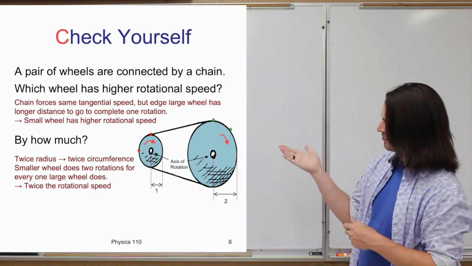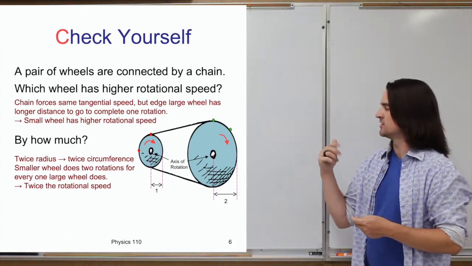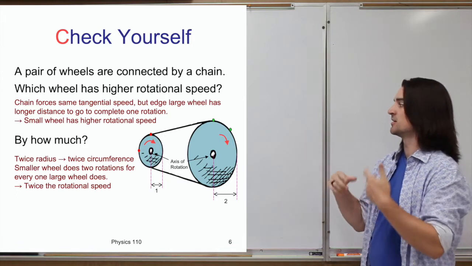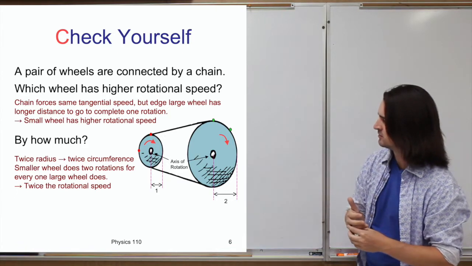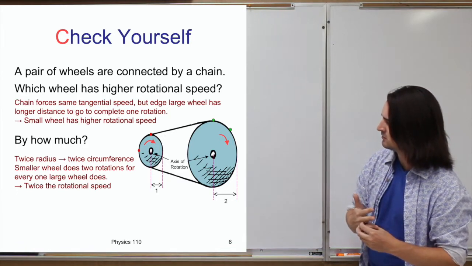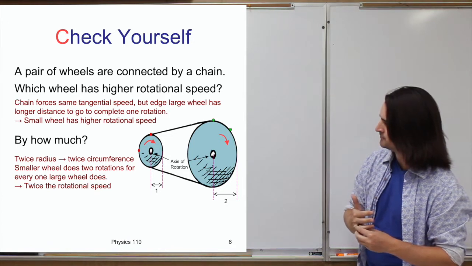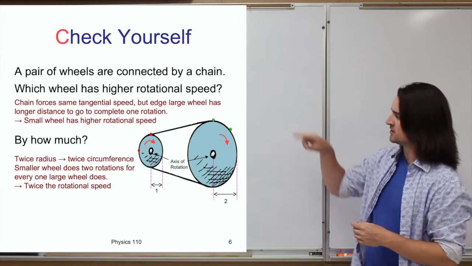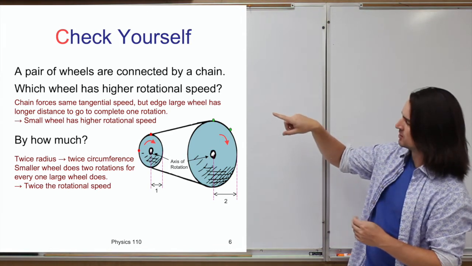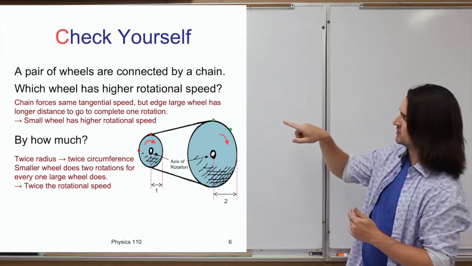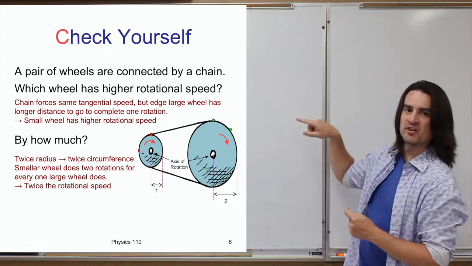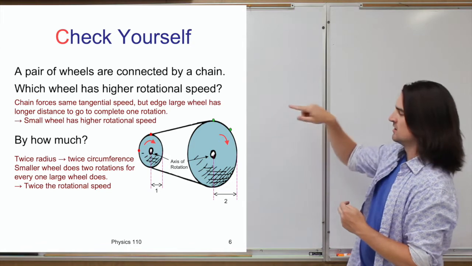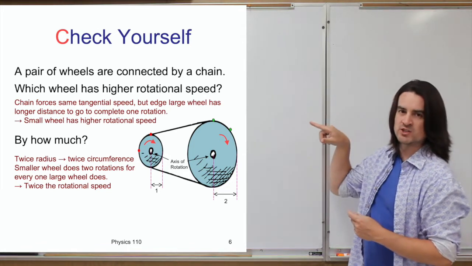And then by how much? Well, I already said that the larger wheel has twice the radius, meaning it has twice the circumference. Since their tangential speeds are the same, when the small wheel goes around once, the large wheel will have gone around halfway. Then when the small wheel goes around again, the large wheel will have made one full rotation.